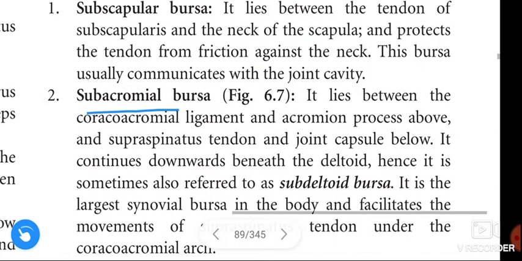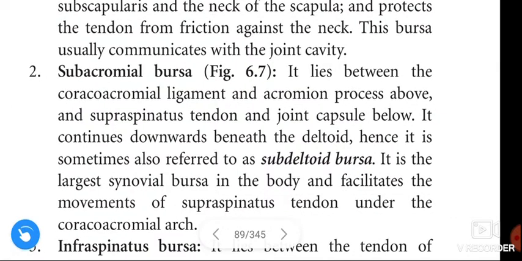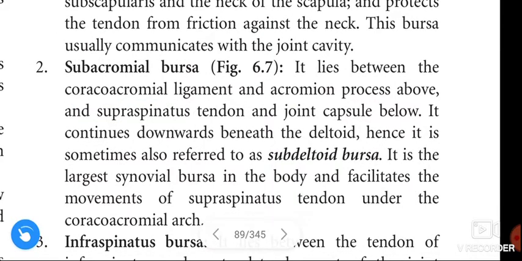Next, subacromial bursa. Subacromial bursa lies between the coracoacromial ligament and acromion process above, and supraspinatus tendon and joint capsule below.